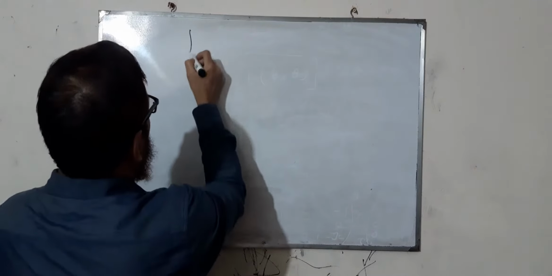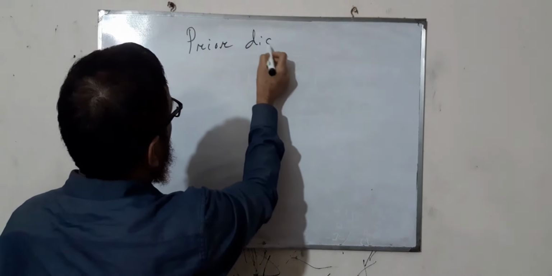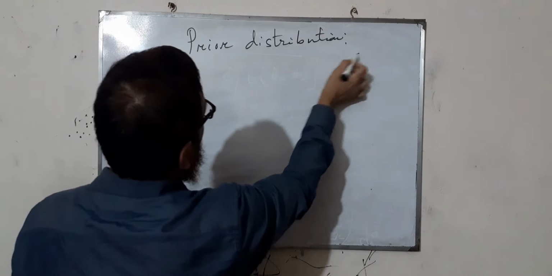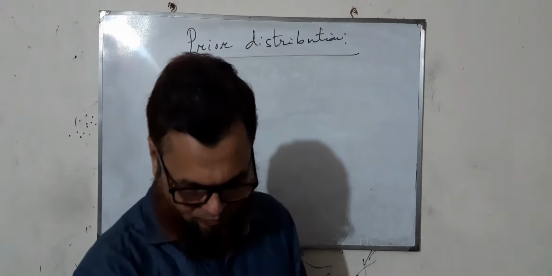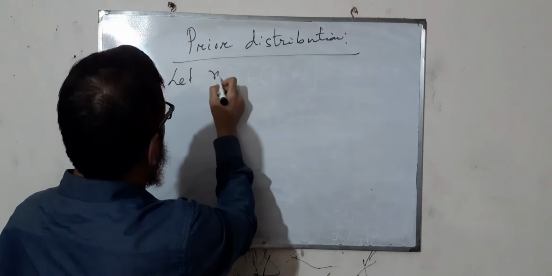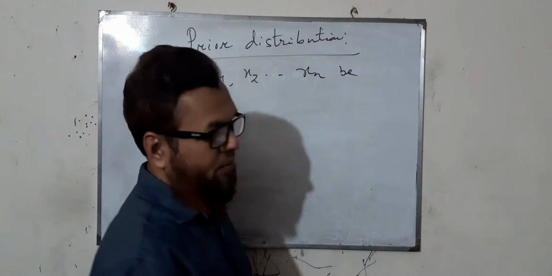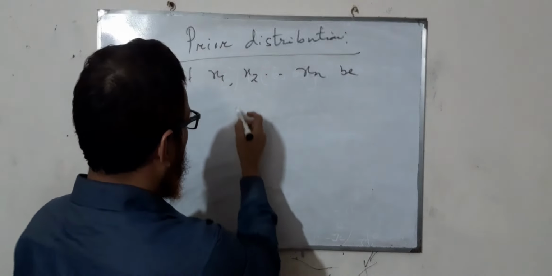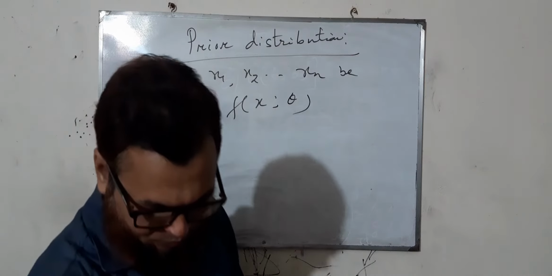Prior distribution. Let x1, x2, ..., xn be a random sample of size n from the density function f(x, theta).